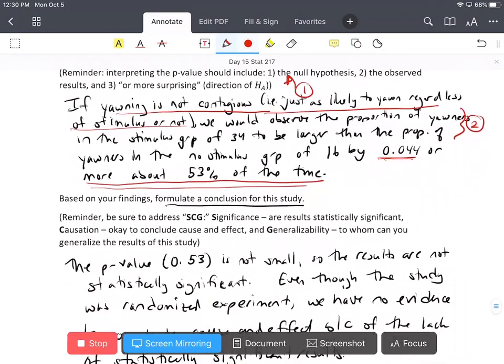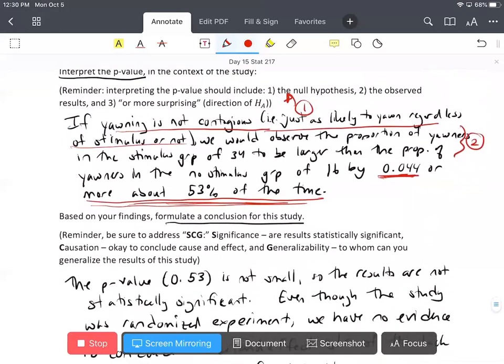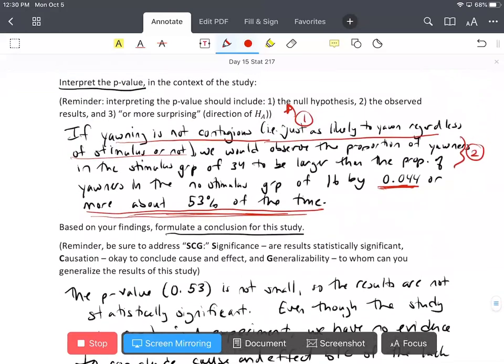But it's where we state our observed result, and if it had been less, we would say less of the time, but in this case it was more, so 53% or more. That's interpreting the p-value, so that was number 3 here.